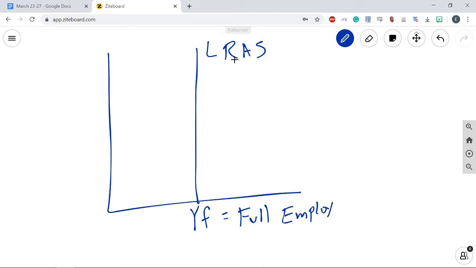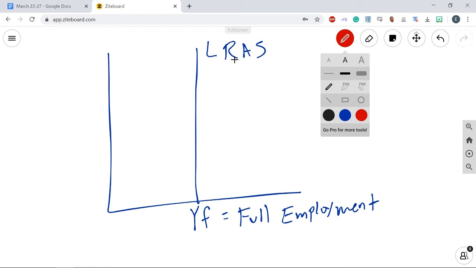But full employment does not necessarily mean every single person has a job. If you remember, in class we talked about structural unemployment. That's when you don't have the skills, or the skills that you have are not in demand. And we talked about frictional unemployment, where it includes people who are transitioning from job to job. Maybe they quit their job and they're looking for a better one.